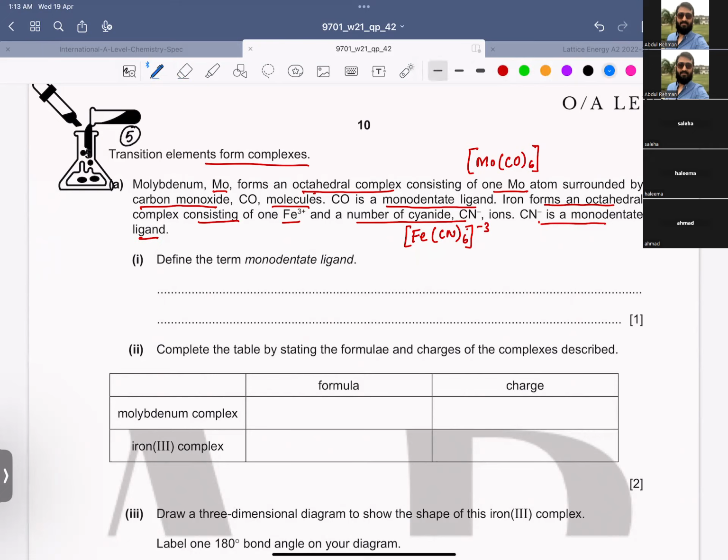Now, define the term monodentate ligand.